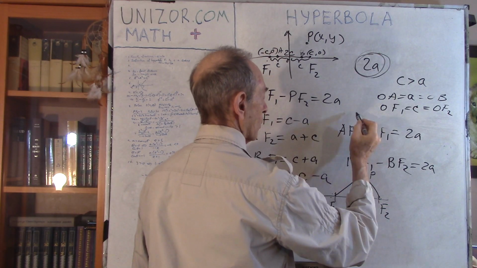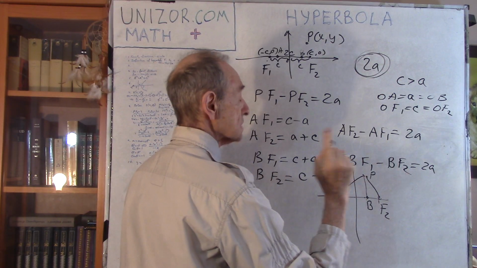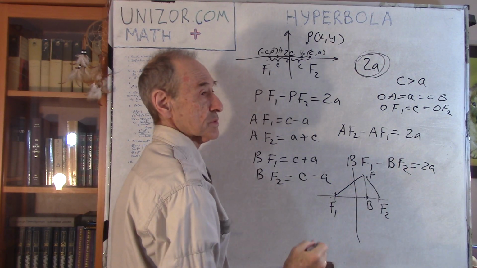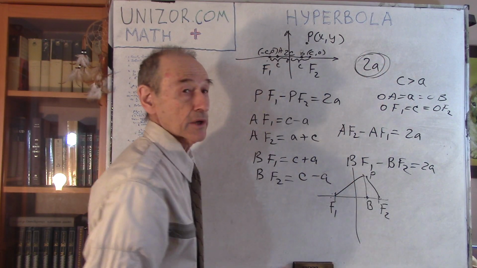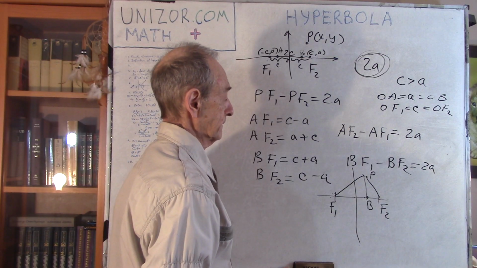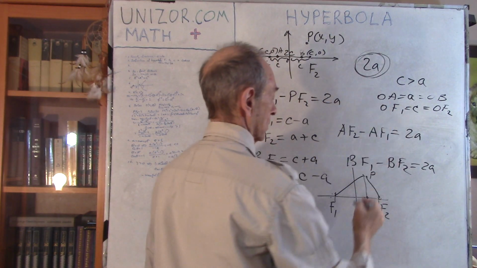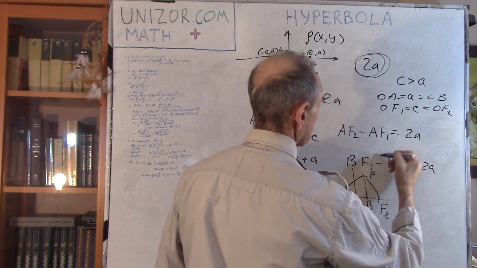The higher you are, the smaller the difference between PF1 and PF2 becomes. And as it goes to infinity, the difference gets closer and closer to 0. So we cannot go straight up. To maintain the same difference, we have to go a little bit this way.